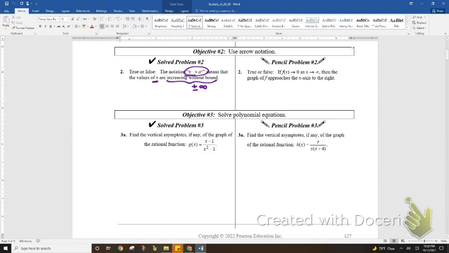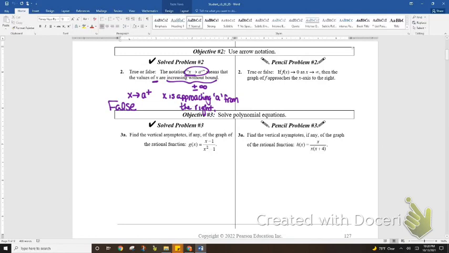It says it's going to an actual number from the right. So in this case, X approaches A positive. This is telling us X is approaching whatever that A is, from the right. That's not saying it's increasing or decreasing without bound, so this would be false.